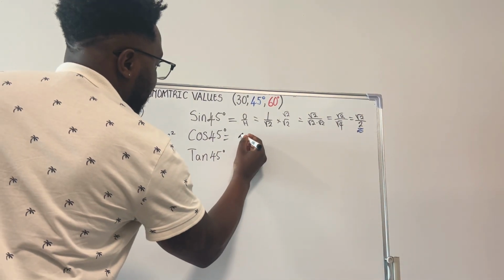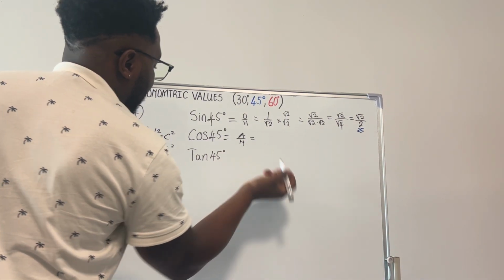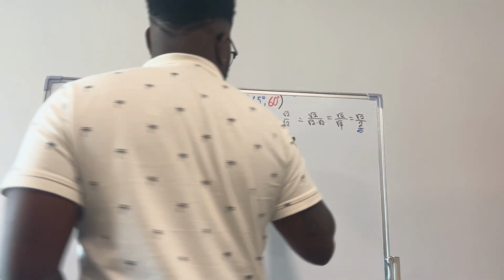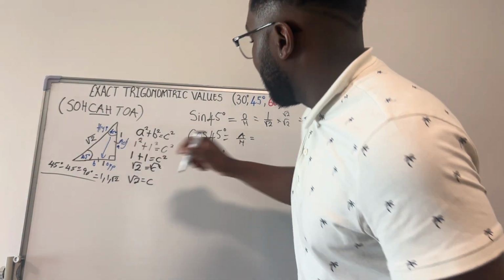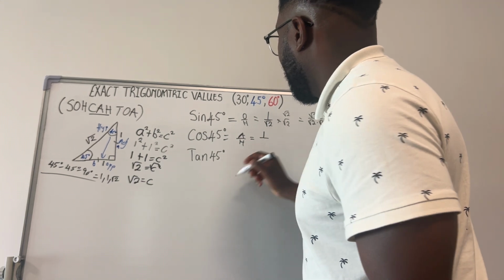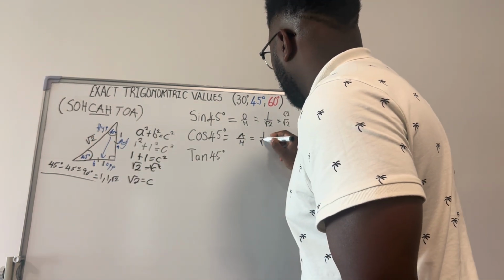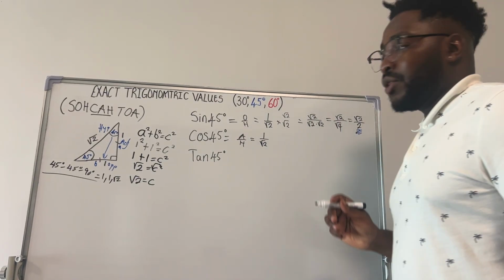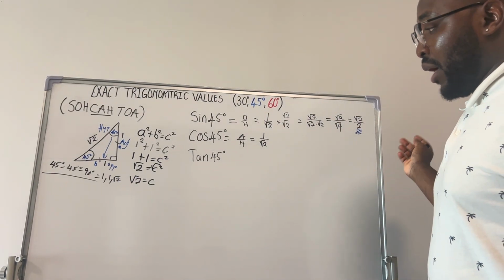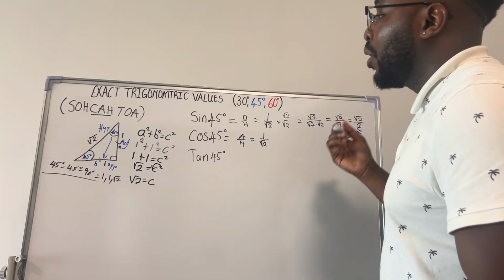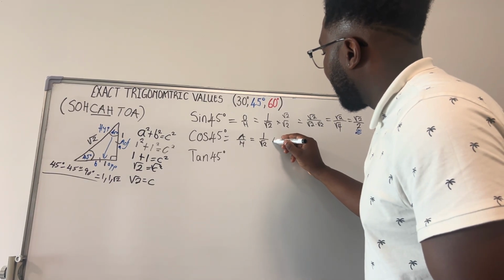Our adjacent is 1 and our hypotenuse is the square root of 2. Then we have to rationalize it, and we do the same.